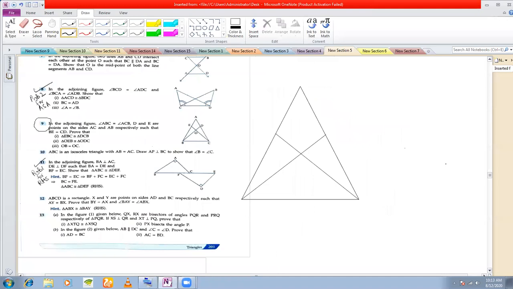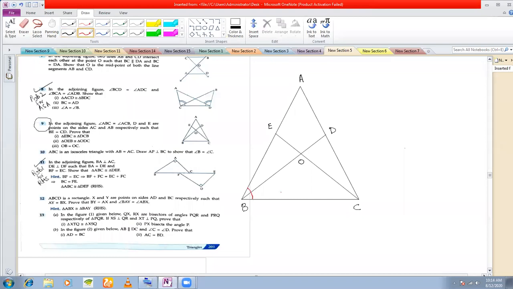Okay, number 9. This one. E, D, O, B, C. This is your given figure. In this figure, angle ABC is equal to angle ACB. So which two angles are given to be equal?